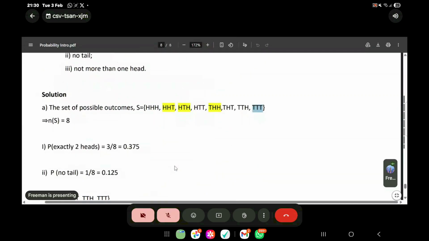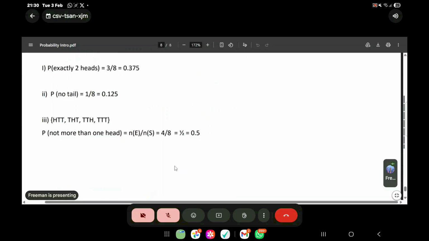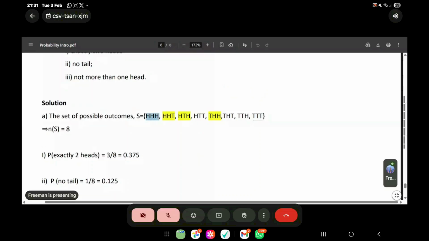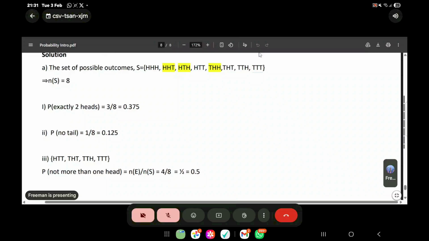Not more than 1 head. So it's a very humble exercise. Here more than 1 head. Here more than 1 head. Here more than one head. So the rest: 1, 2, 3, 4. Not more than one head, so it's inclusive.